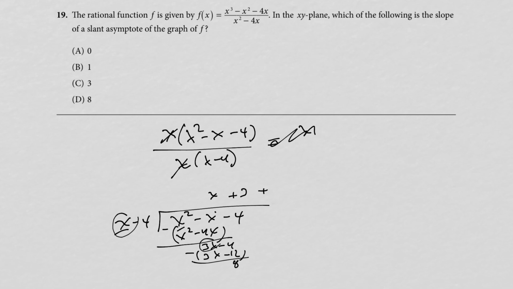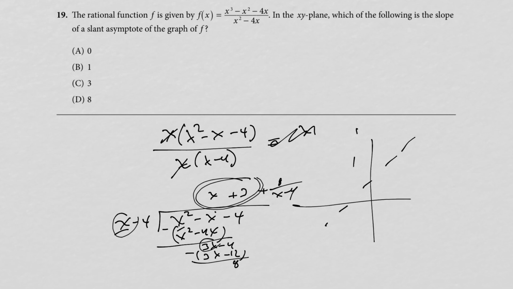So plus 8 over x minus 4. The slant asymptote is this. Basically, this means that this curve maybe goes like that, but there's a slant asymptote. They wanted to know the slope. Well, the slope is 1. Y-intercept is 3.